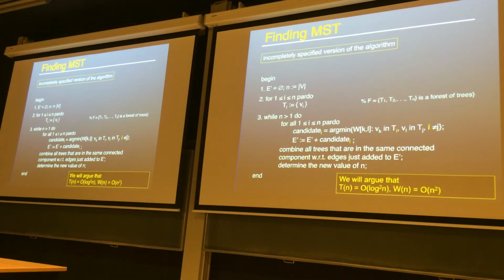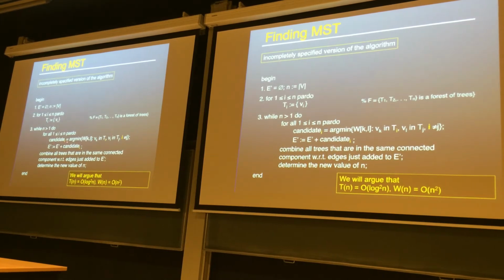Let's take a very simple, basic structure of this algorithm. You start with an empty set of edges E prime. The edges of the minimum spanning tree will appear there, and here you have your set of nodes. You form your initial components.